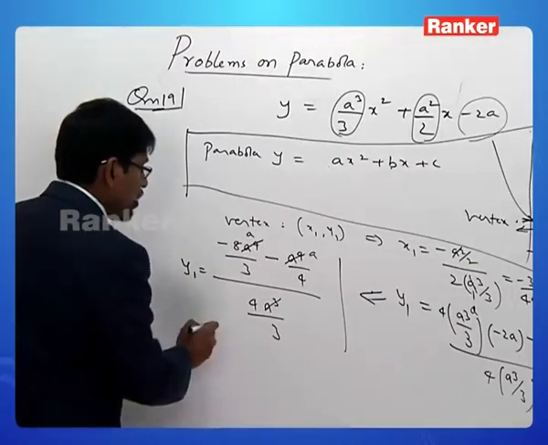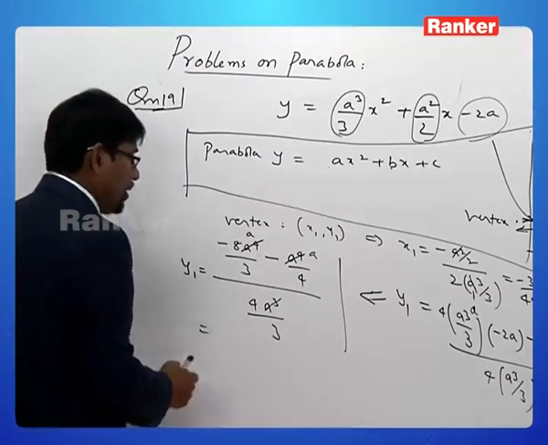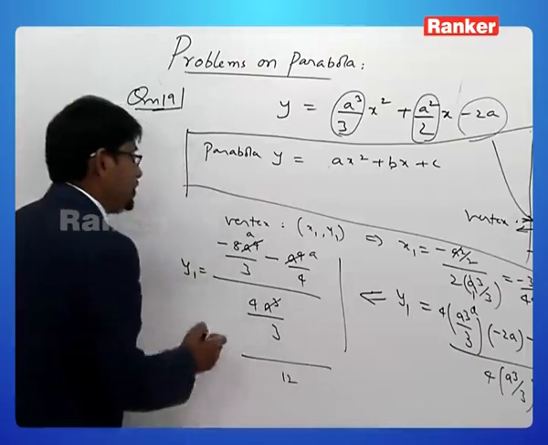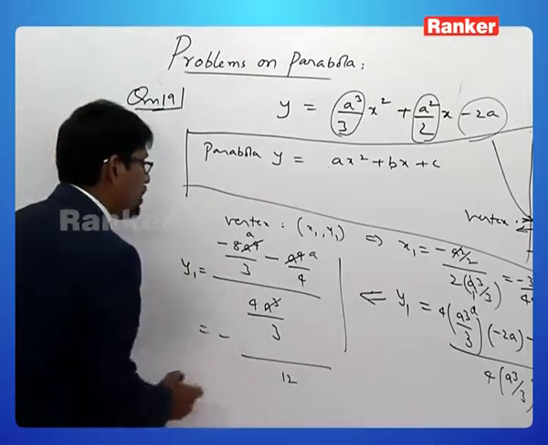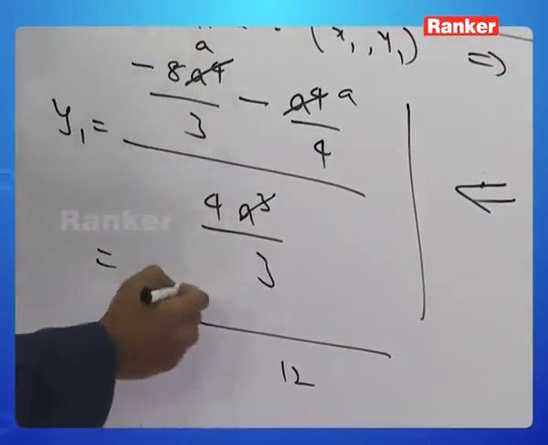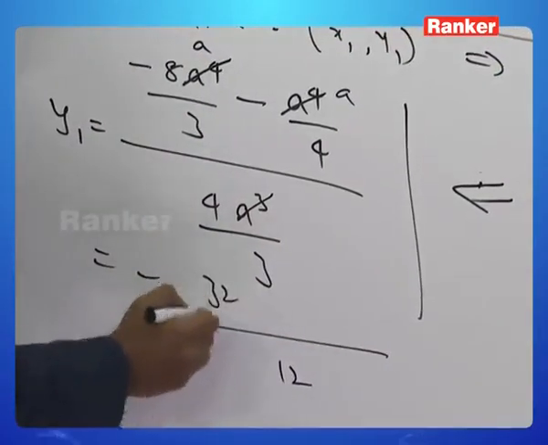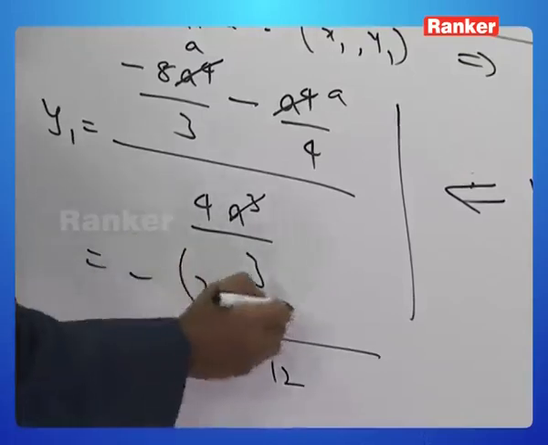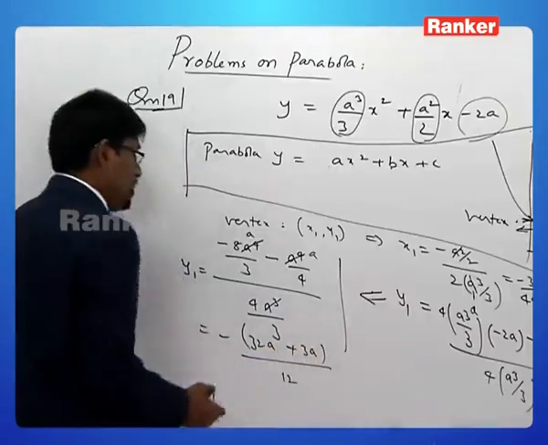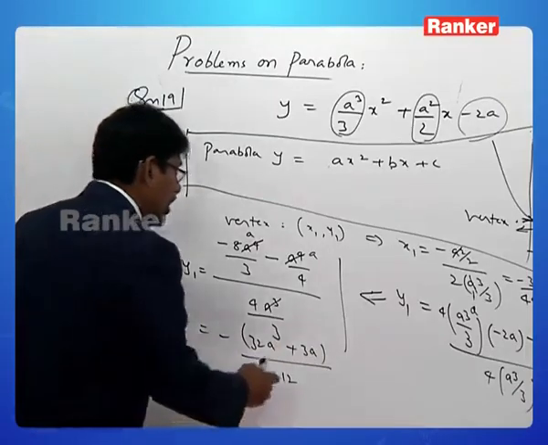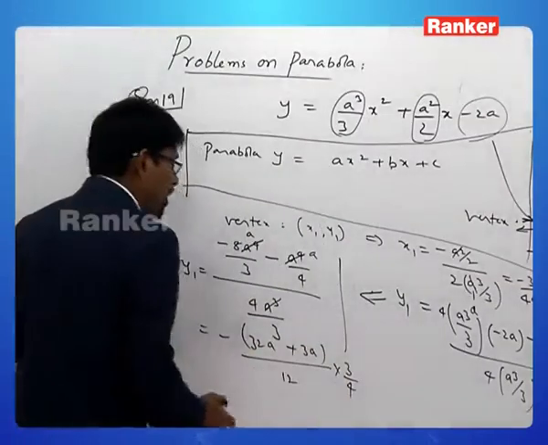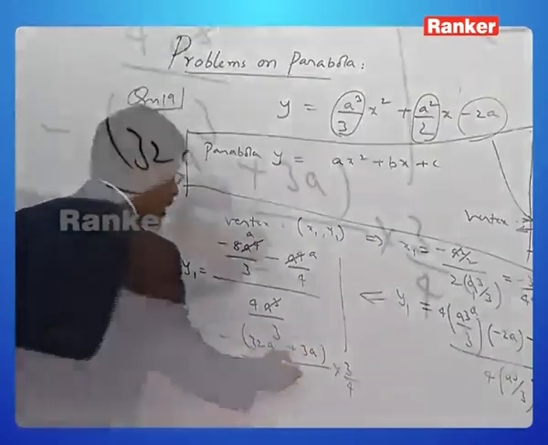Minus can be taken common, and we have an LCM of 12. So we have 4 into 8a, 32a, plus 3 into a, that is 35a, and you have here 3 by 4, because 4 by 3, when I take it up, will be 3 by 4.